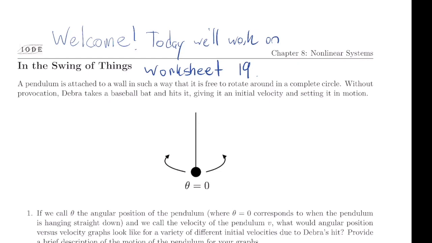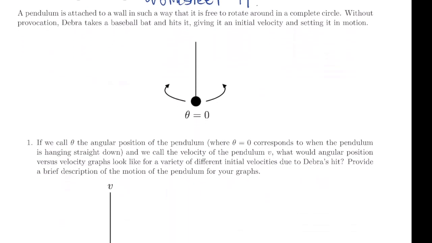Okay, so the example I want to take a look at for today is what's called a simple pendulum. You can think about it like a clock, which is attached, and gravity is the only force acting on this pendulum.